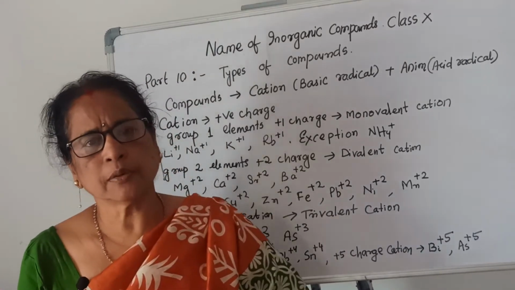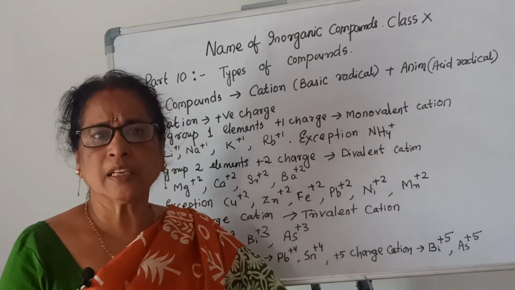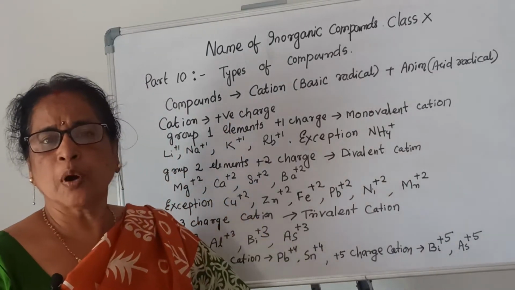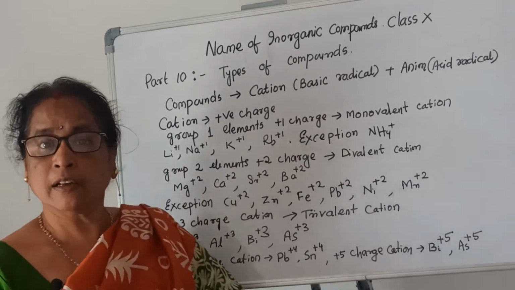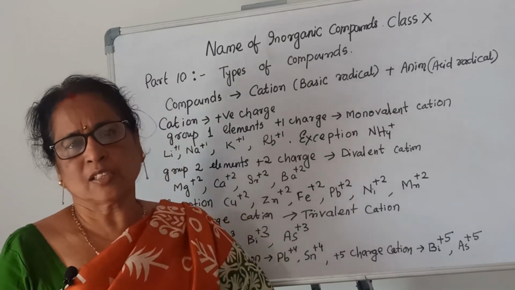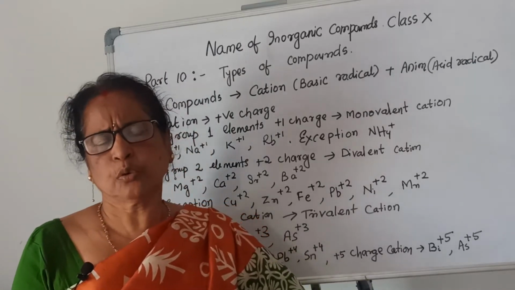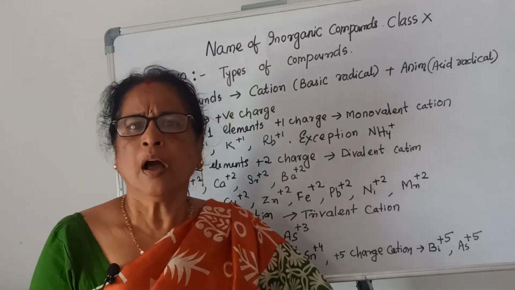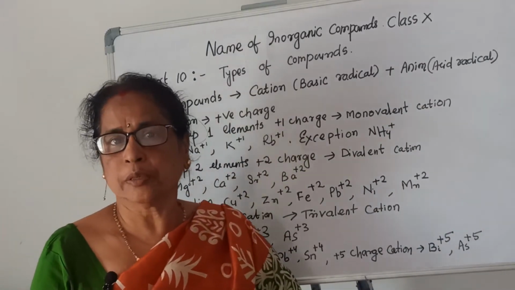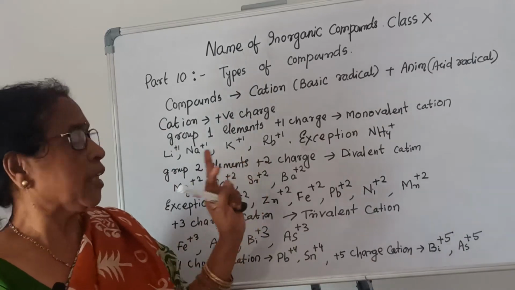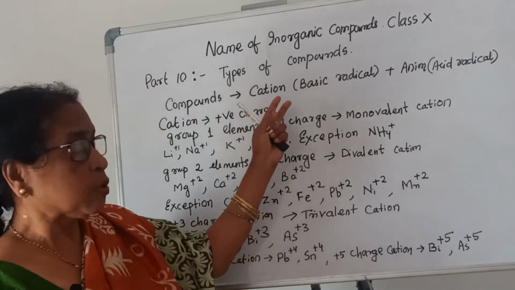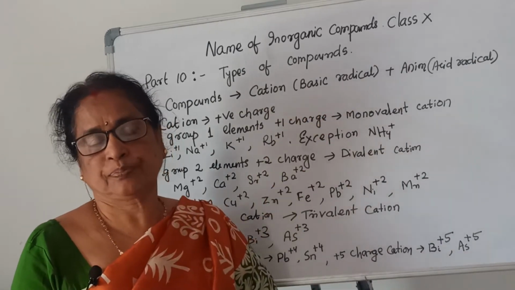Generally we observe first group elements having a +1 charge. Group 1 elements are generally metals. Hydrogen, though it is +1, is not a metal, but it also shows different types of compounds. But important here are lithium, sodium, potassium, rubidium; they show the +1 charge and act as basic radicals.